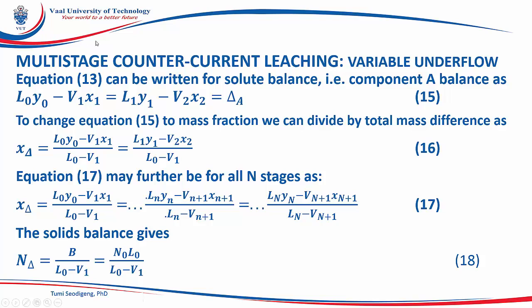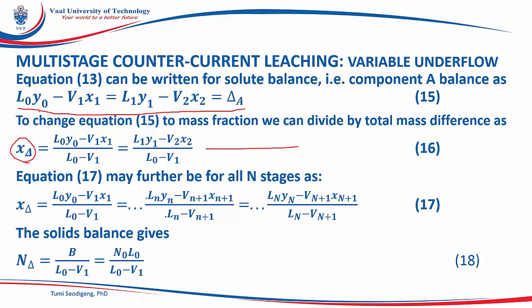So we will use equation 13, but instead of using the solution balance, we will now do the solute A balance as shown in this equation here. Then by rearranging this equation, we can find the X delta, which is given by this equation 16, which is just a rearrangement of equation 15.